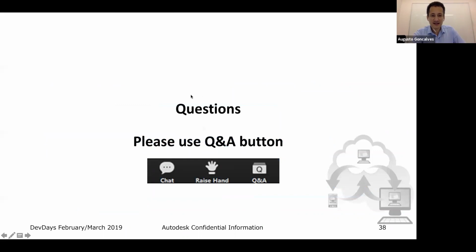Francesca asks, can Design Automation work with models uploaded into my bucket or only BIM 360? Design Automation can work with any file that is hosted on any server. It can be BIM 360, buckets, S3, Google Drive, Box, anything. The thing is, you have to take care of the authorization where the file is, right?